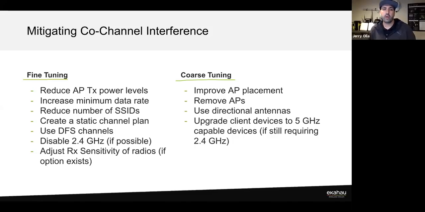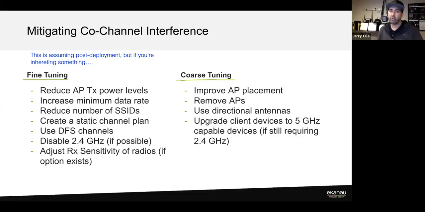I like to think of the ones on the left here as fine tuning. That's our lower hanging fruit, easier things that we can do. The reason I bucket the others into coarse tuning is because those are a bit more drastic. Usually there's more cost involved in those, where the fine tuning is more changing settings, right? Clicking some knobs and buttons to improve things.